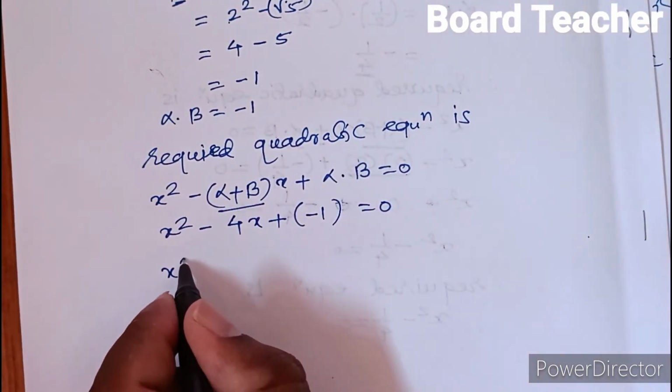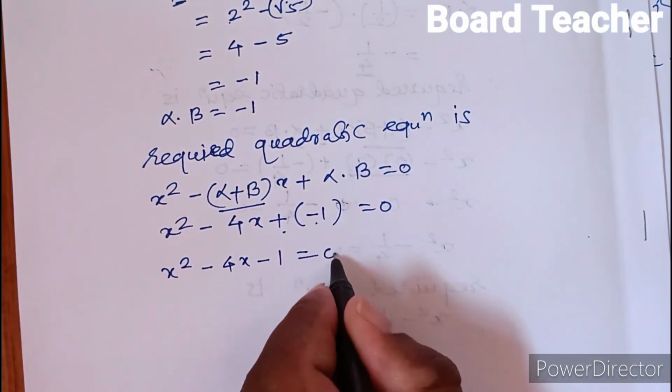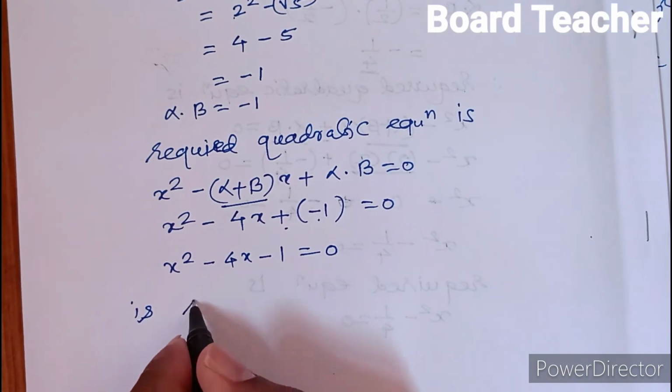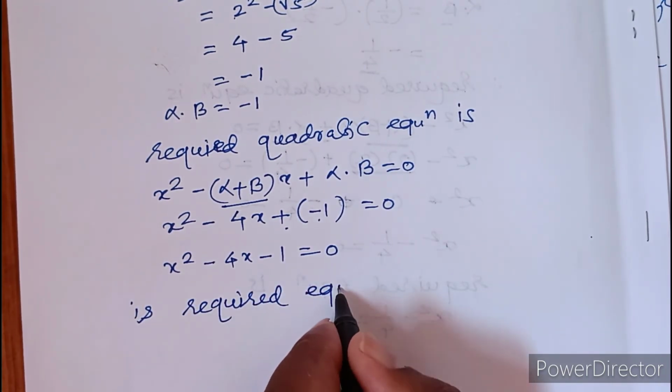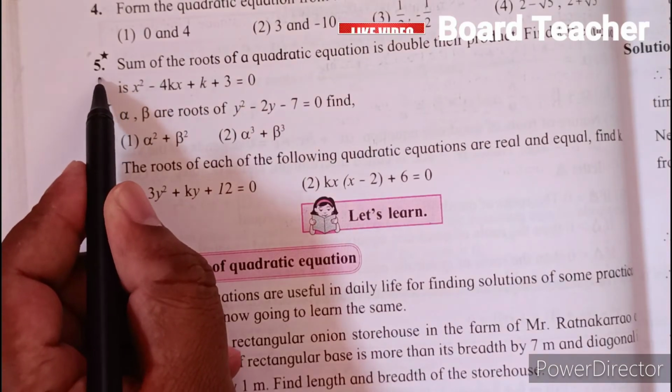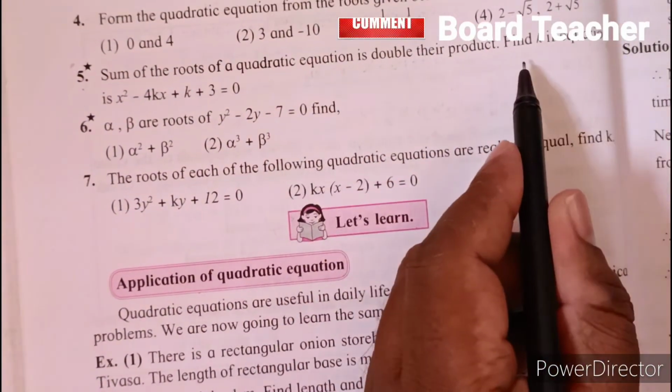Now we get x square minus 4x minus 1 equals 0 as the required equation.